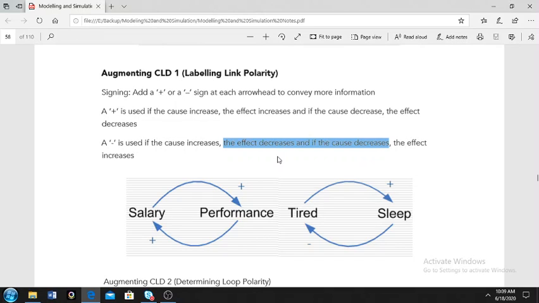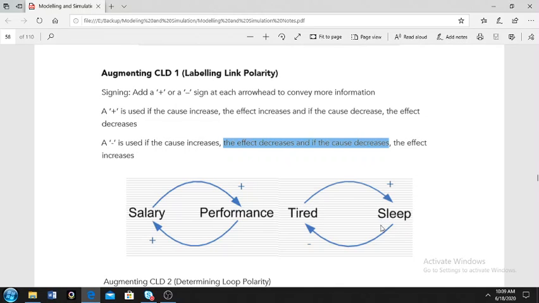So let's take an example. The more salary you get, the more you are performing. So more salary means more performance, and more performance means more salary. You get that? And here, what do we have? The more you are tired, the more you sleep.